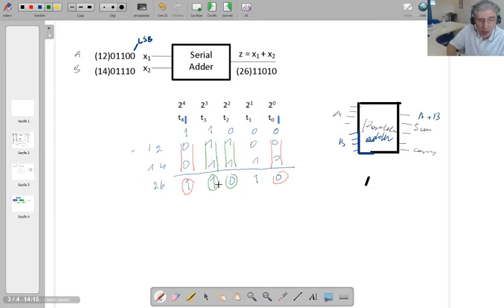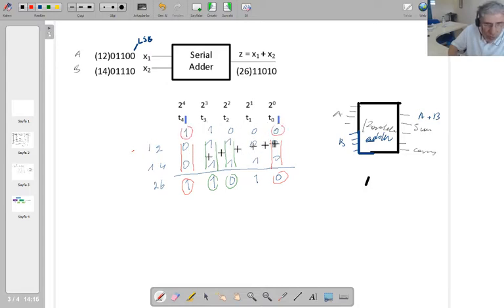So how am I going to separate those two outputs? You've got to know the carry information. If you look at the carry information here, for this red one, the carry is 1 here, but the carry is 0 here.